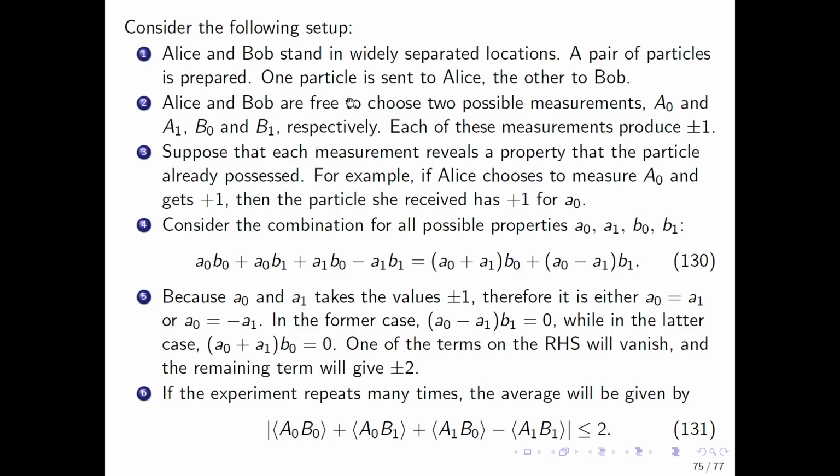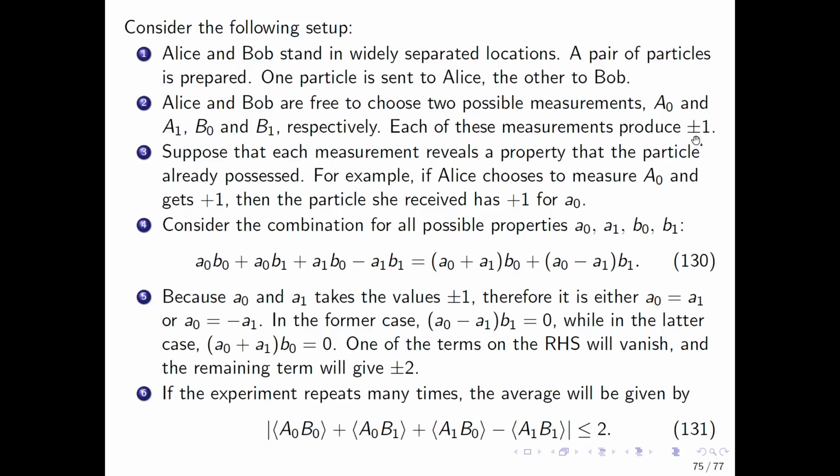Alice and Bob are free to choose between two possible measurements: for Alice, A0 and A1, and for Bob, B0 and B1. Each of these measurements always produces either +1 or -1 eigenvalues. It's the same thing as before.